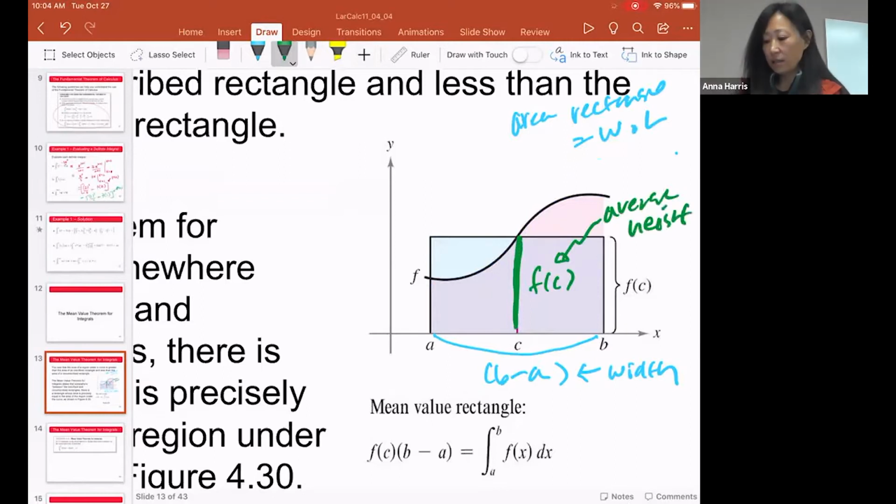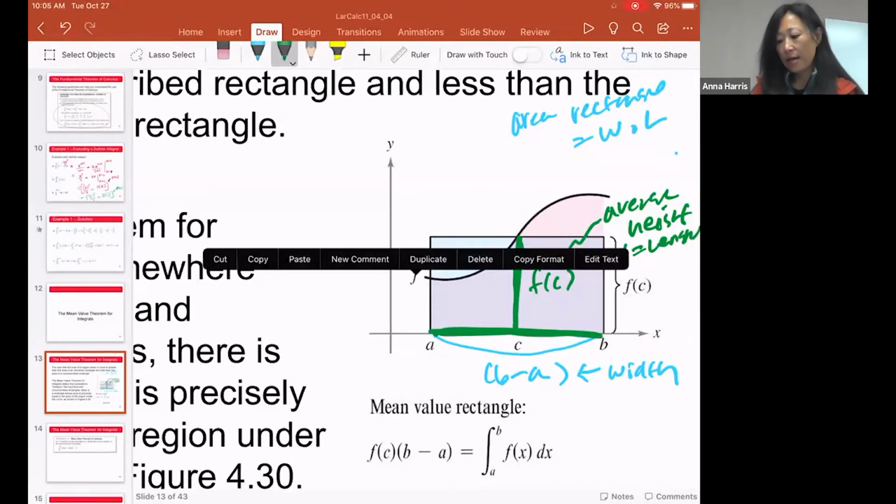It's the average height, or you can say length. So I can find my area under the curve by multiplying the width times the height. That's my height, that's my width.